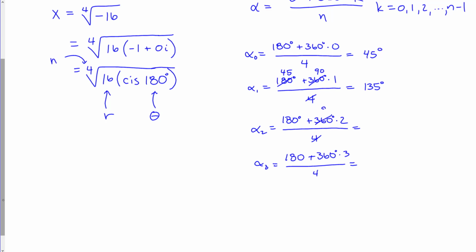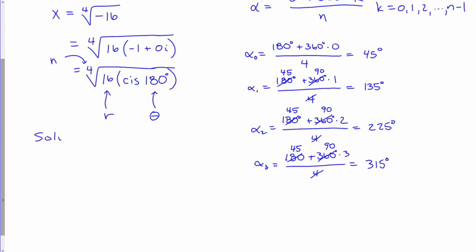So 4 goes into 360, that gives me 90, gives me 45 here. 90 times 2 is 180. 180 plus 45 is 225 degrees. So 4 goes into 360, that's 90. And this is 45. 90 times 3 is 270. 270 plus 45 is 315 degrees. So those are the different values there.